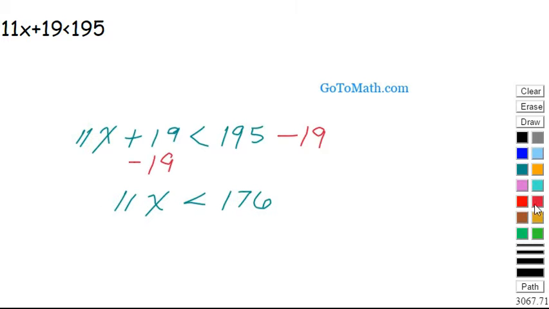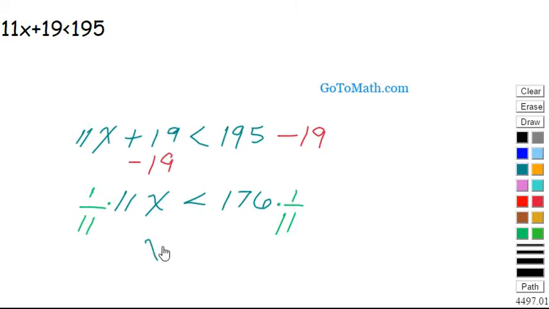Of course, we're going to multiply by the reciprocal, so we multiply both sides by 1 over 11. These cancel each other out, and there will be a 1 left.